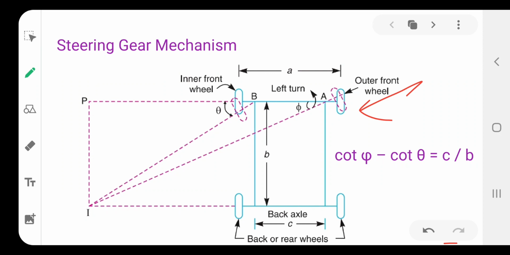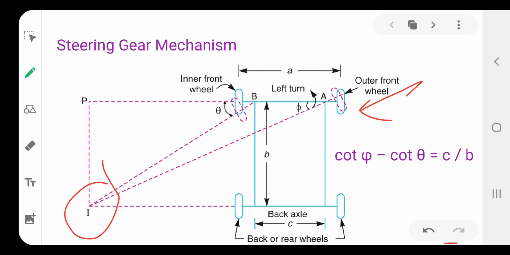In this particular mechanism, in order to avoid skidding, the front wheels must turn about the same instantaneous center I, which we have already studied in the second unit.